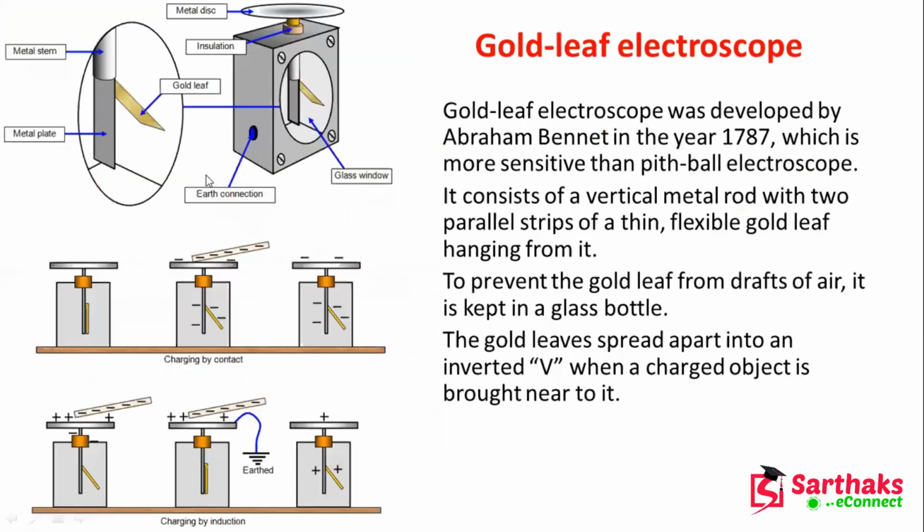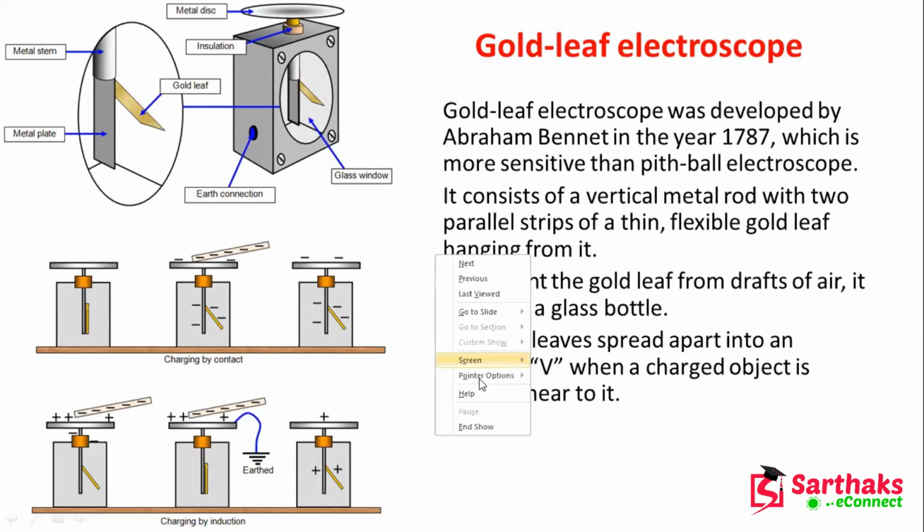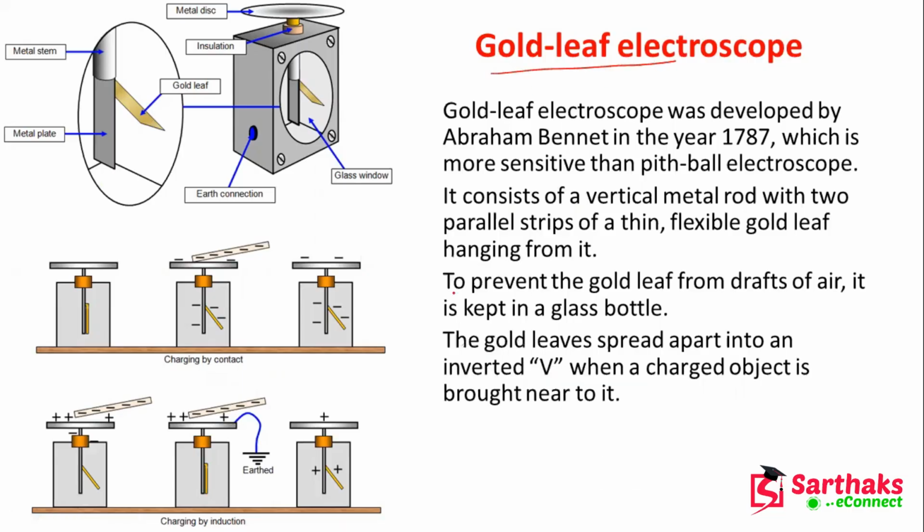Okay. Now another thing, that is the gold leaf electroscope. Already we have told about the gold leaf electroscope. The gold leaf electroscope was invented by Abraham Bennett in the year 1787, and it is more sensitive than the pitch ball electroscope.